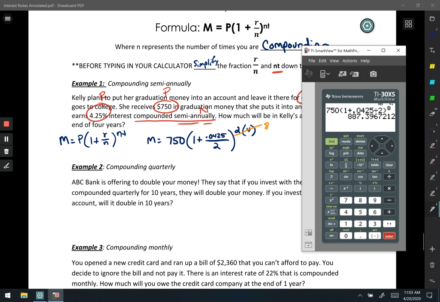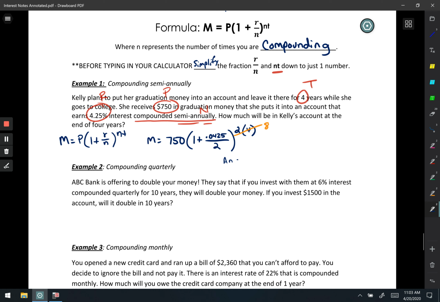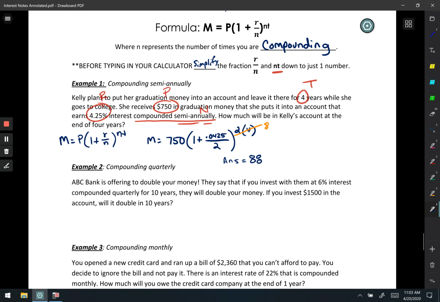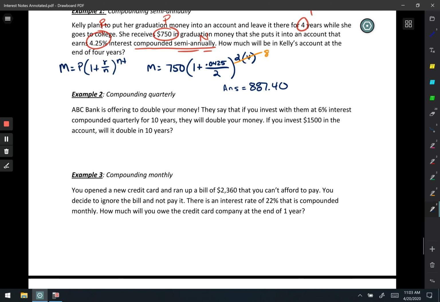So answer equals $887.40. Hopefully you understood that, and the calculator helped show you. Let's go right on to question number 2.